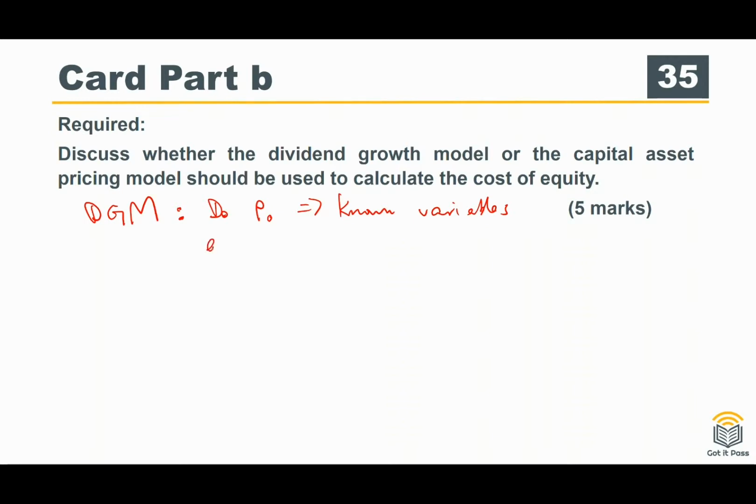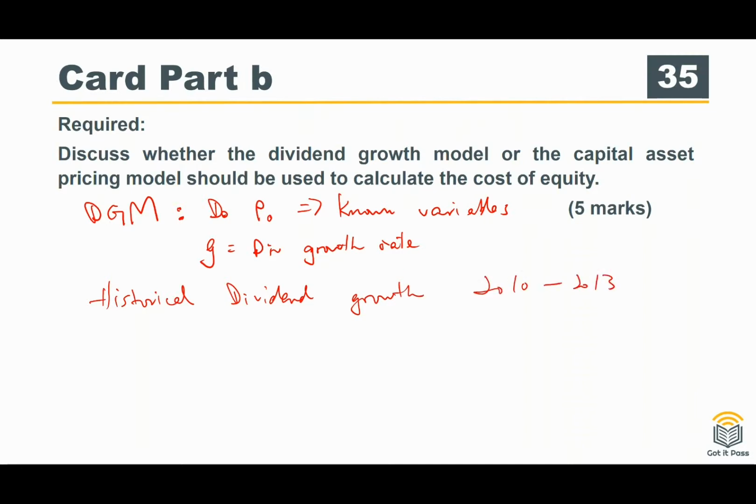And for g, the dividend growth rate, it is a bit tricky or challenging here, because what we did in part A is we found the historical dividend information or dividend growth rate, right? It's from 2010 to 2013, but it's not the forecast growth rate.